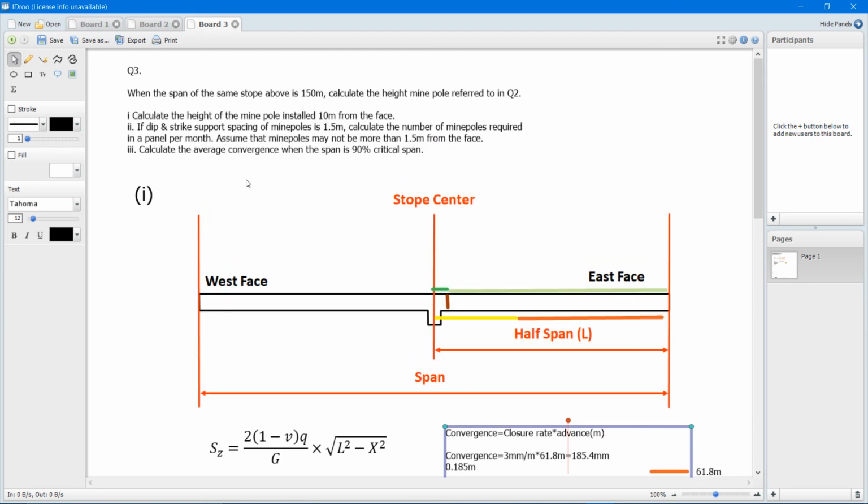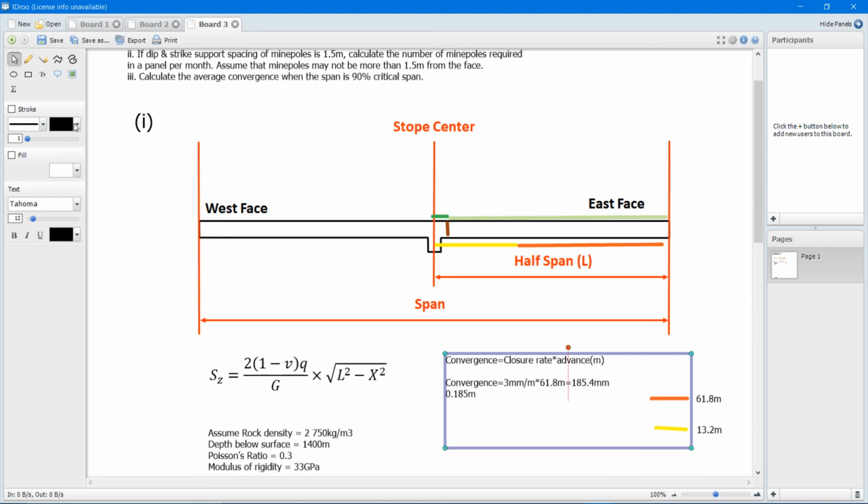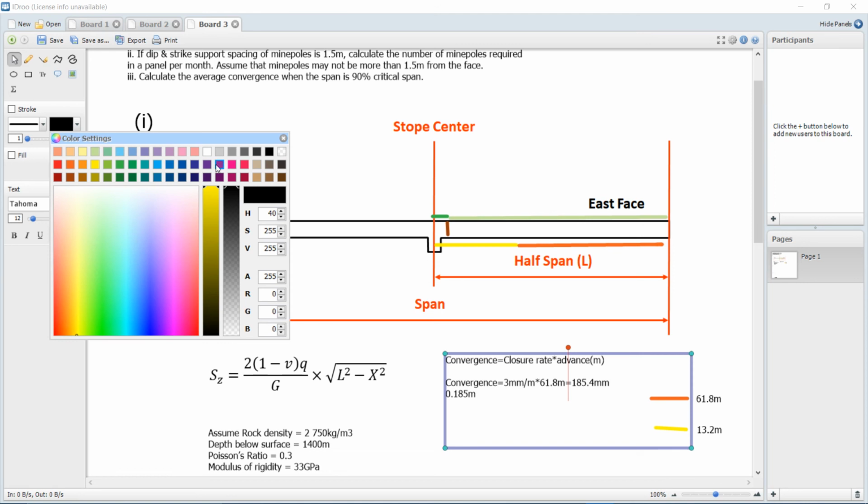So now the question goes on to say, calculate the height of the mine point, 10 meters from the face. Now this is in question 3, where the span of the same slope is 150, right? So there's another pole. Let's choose pink.